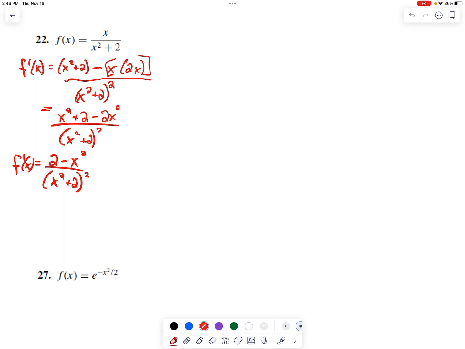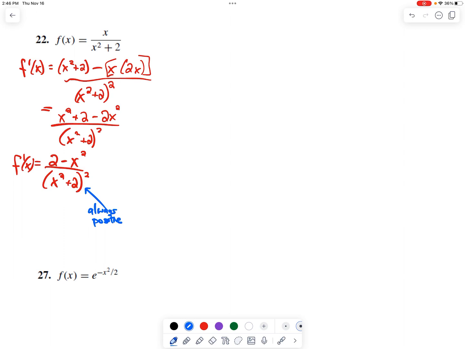When we want to find out where the function is increasing or decreasing, we look to the first derivative. About this bottom part, x squared plus 2 squared, that's always going to be positive. I'm going to write a note that that is always positive. So I really don't even need to analyze that, it's never even going to be 0 either.